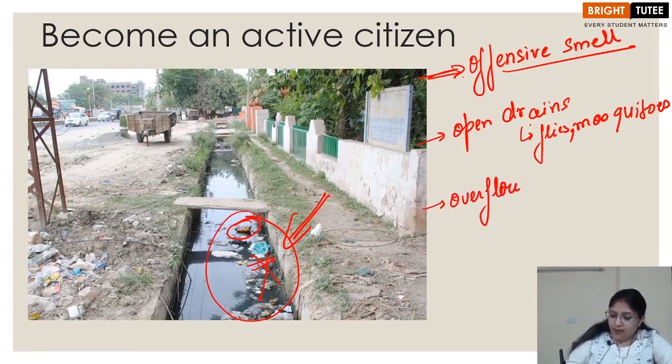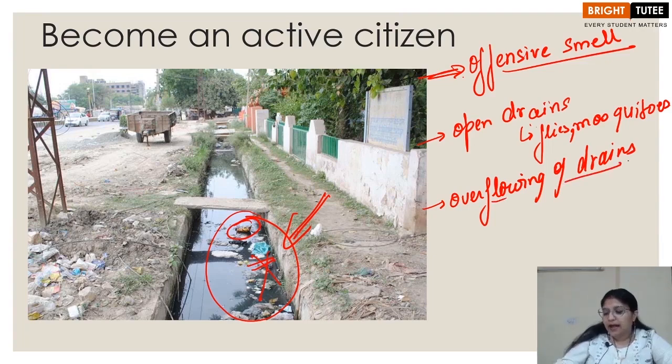So what happens? The drains overflow, and all this rubbish and unclean, dangerous wastewater comes in contact with human beings, right? So we see how open drains are quite dangerous for our environment, because first of all, they are offensive and literally quite disgusting. And apart from that, they are the breeding grounds of flies, mosquitoes and disease causing organisms.